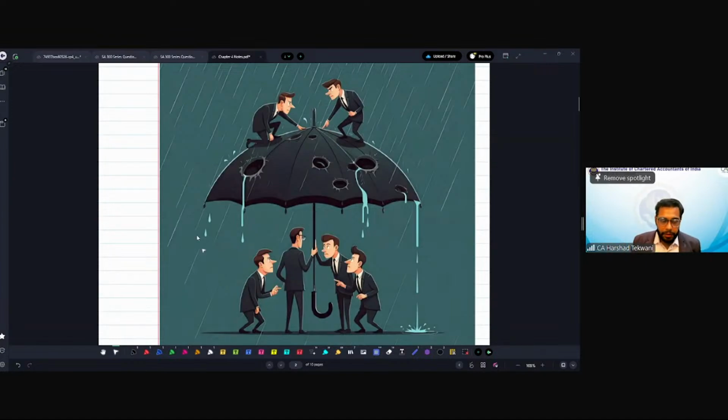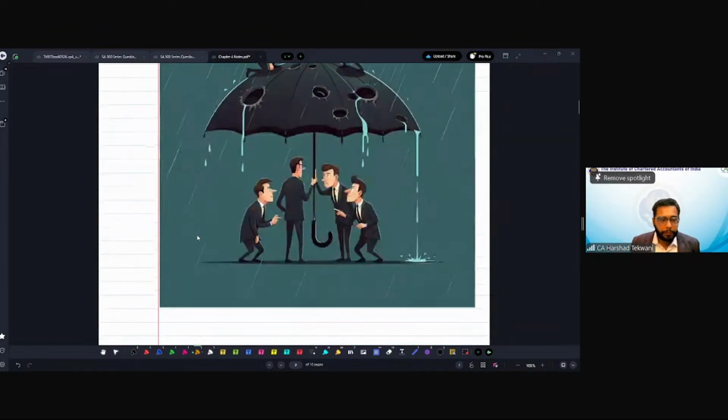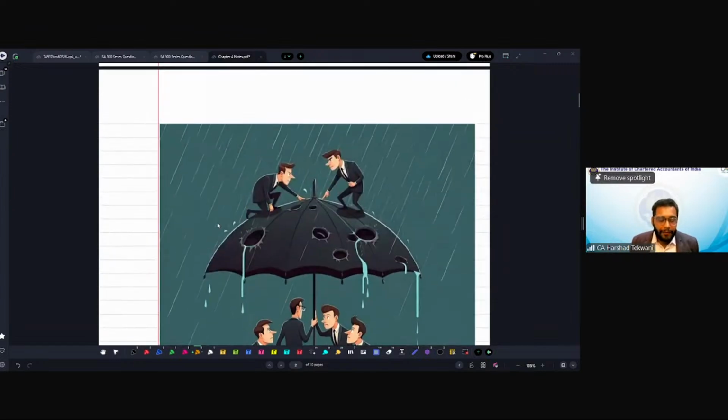The organization is bigger. We again have internal control in place, and again the risk of rain. We again have deficiencies in the internal control which are bigger because of the size of the organization. The more the size, the more the chance of higher deficiencies in the internal control.